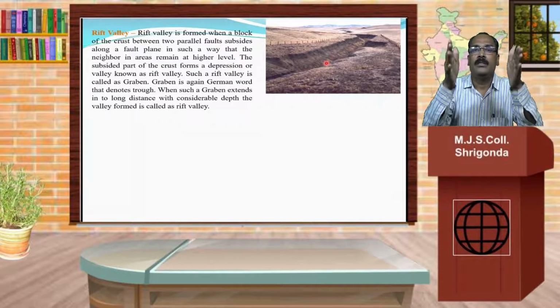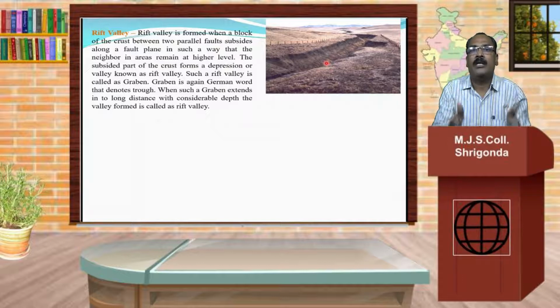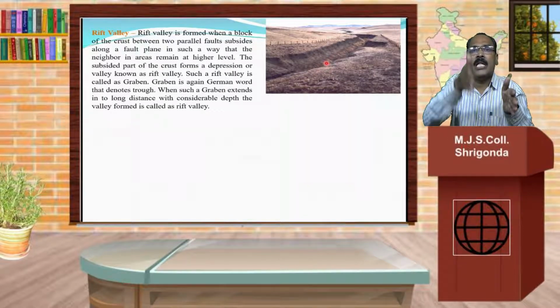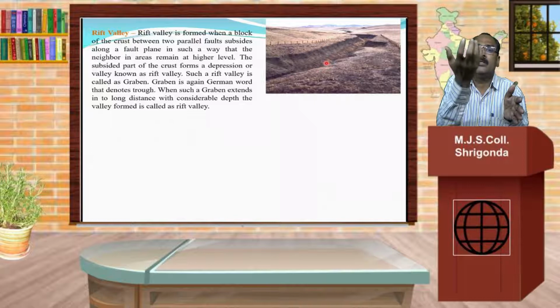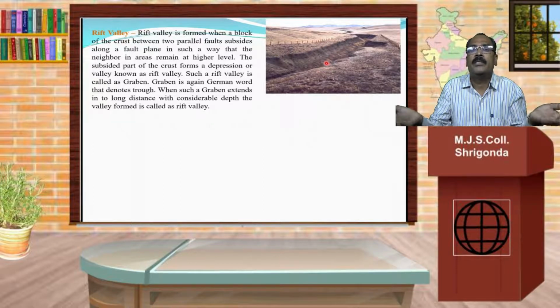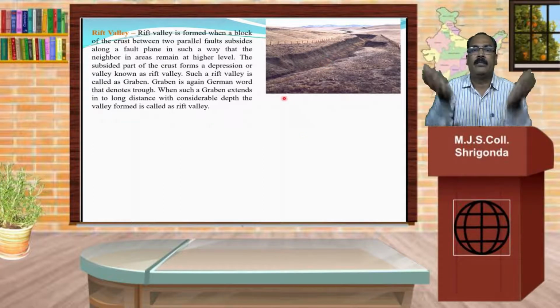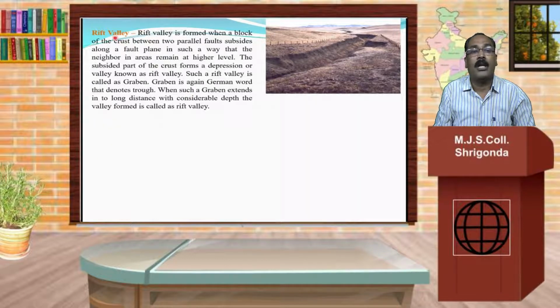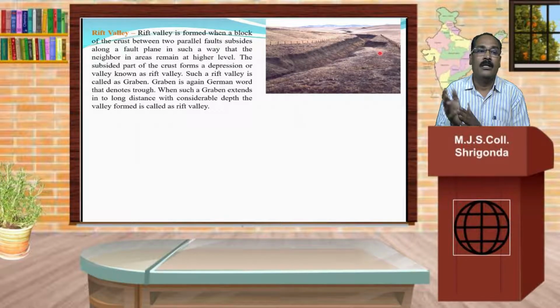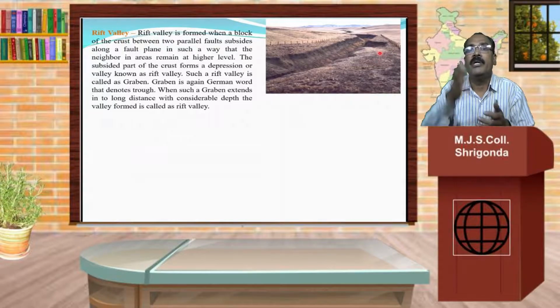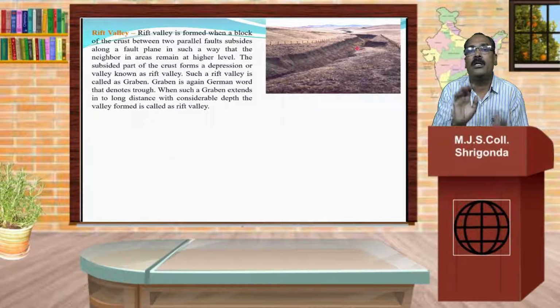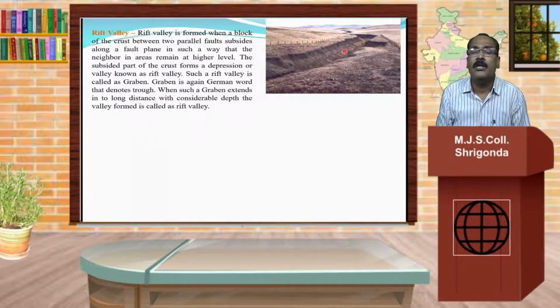That means if parallel cracks have formed, the middle part goes in the downward direction and the side parts go in the upward direction. This time the rift valley subsides along a fault plane such that the neighboring area remains at the higher level and the middle portion is at the downward level. Here, this is a rift valley.